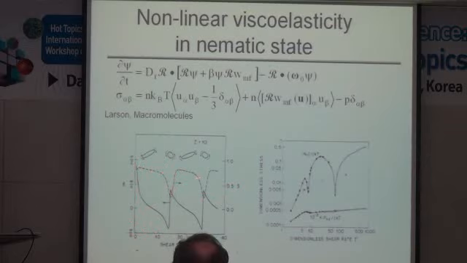The solution is such that even when the shear rate is constant, this nonlinear equation for psi does not have steady state solutions. It has time-varying solutions, and this is one of such solutions, called kayaking or wagging, and some other names.